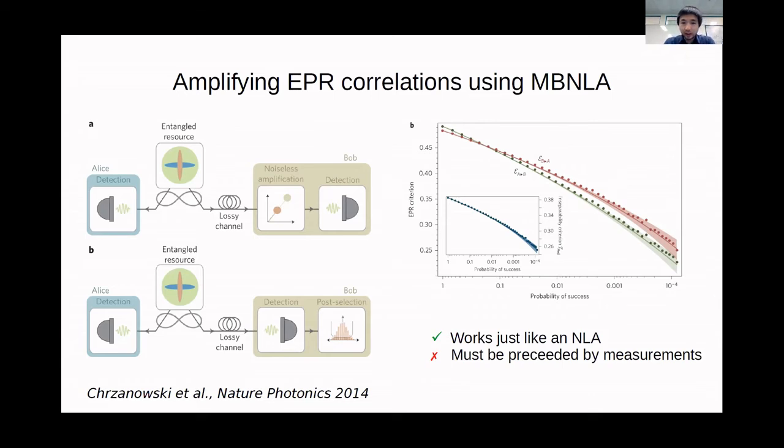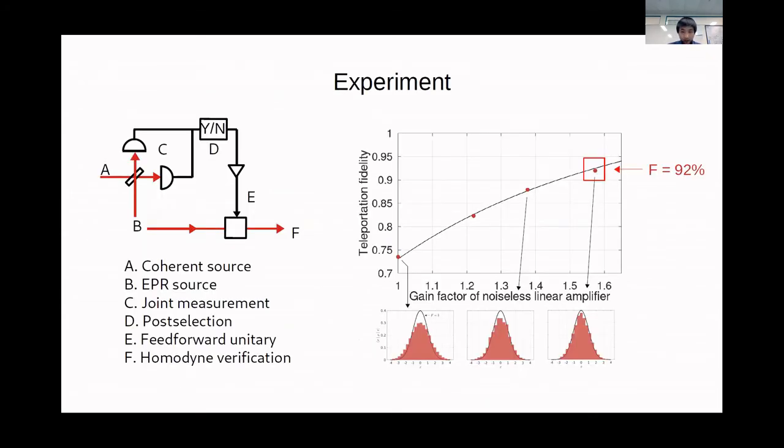So it was this idea that led us to consider putting the MBNLA inside the teleporter, because we thought that inside the teleporter there's the joint measurement, and the joint measurement required for a teleporter is exactly the same as that needed by the MBNLA. In other words, the teleporter is ideally suited for implementing measurement-based noiseless linear amplification. Here is a schematic of the experiment that we did to test these ideas.